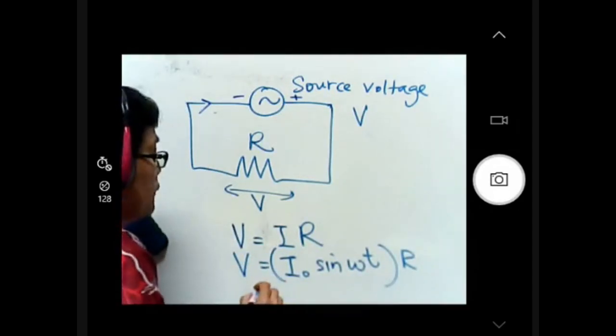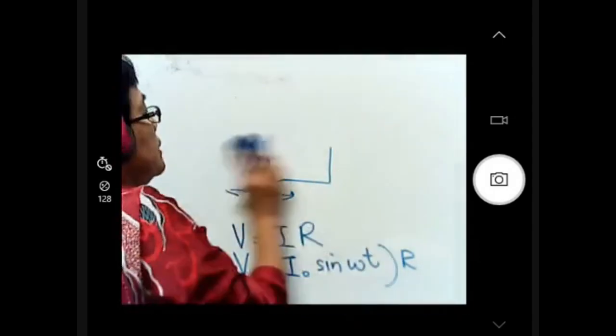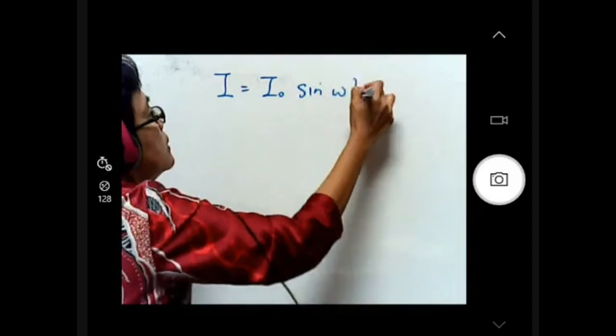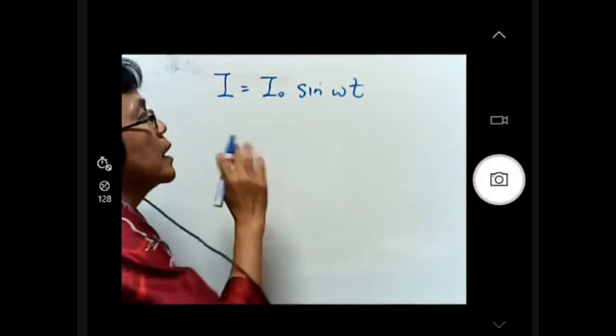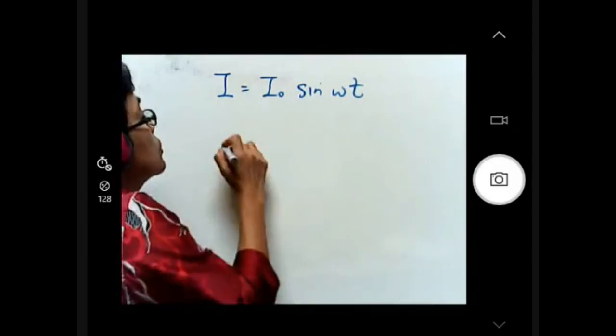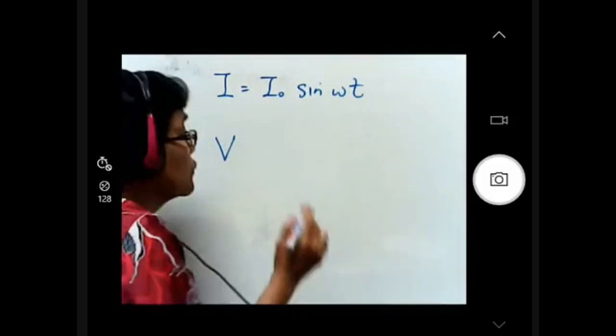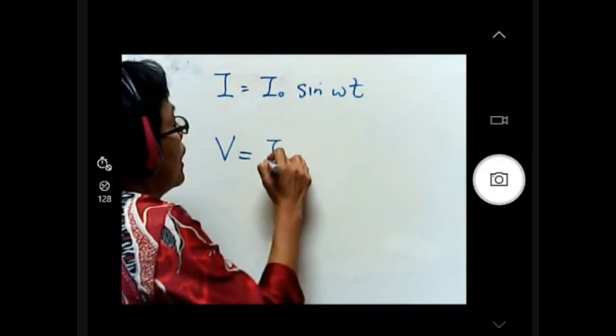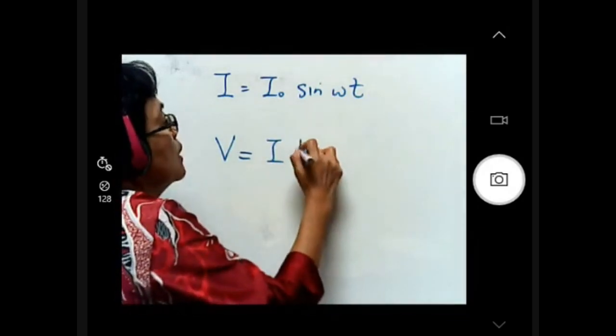Okay, let me write properly. We have I equals I naught sine omega t, meaning instantaneous current is I equals I naught sine omega t. So what about my instantaneous voltage? Meaning voltage at any time. So it equals I multiplied with resistance.